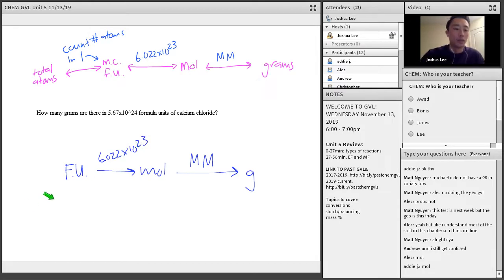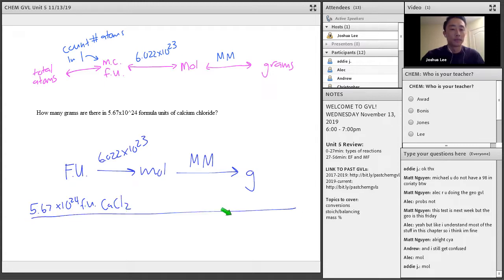So I'm starting with the number 5.67 times 10 to the 24th formula units of calcium chloride. And I want to get rid of formula units of calcium chloride and go to moles.